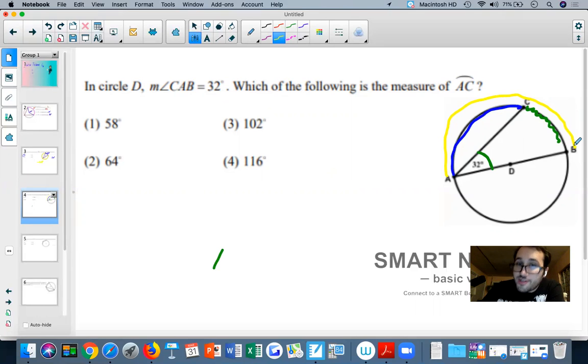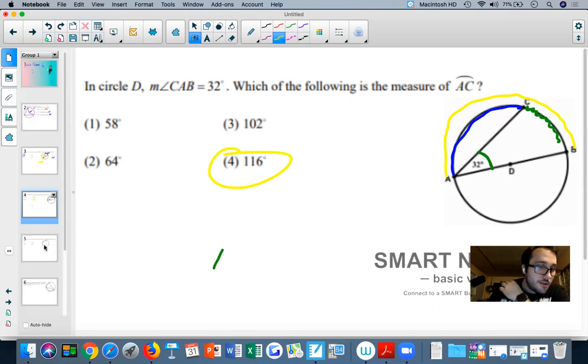If you're saying 180 degrees, you're right. Check this out. AB is a diameter. So that means it cut the circle in half. So this whole arc is 180. So if I subtract the green piece, which was 64, so 180 minus 64, that should give me the remaining blue piece, which is 116 degrees.